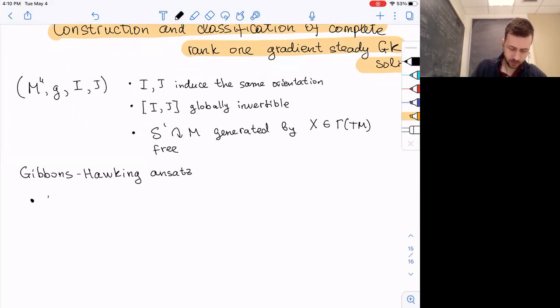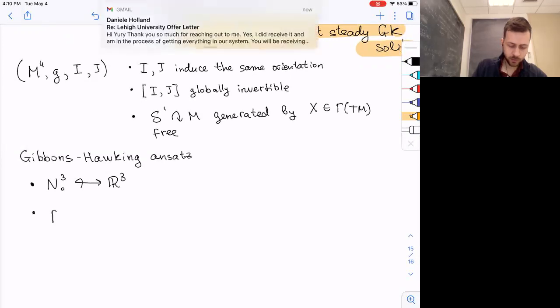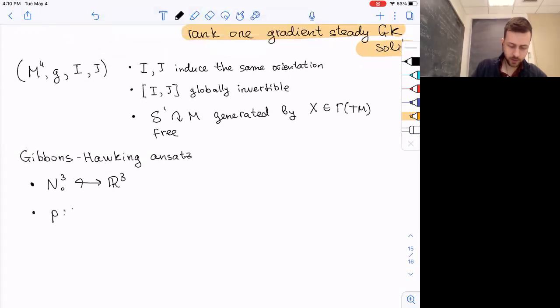So to cook up such an object, you need several pieces of data. You need a three-dimensional manifold N openly mapped to R3. You need a function P defined on N with the range between -1 and 1. And you need a function V, which is just positive. These are smooth functions.